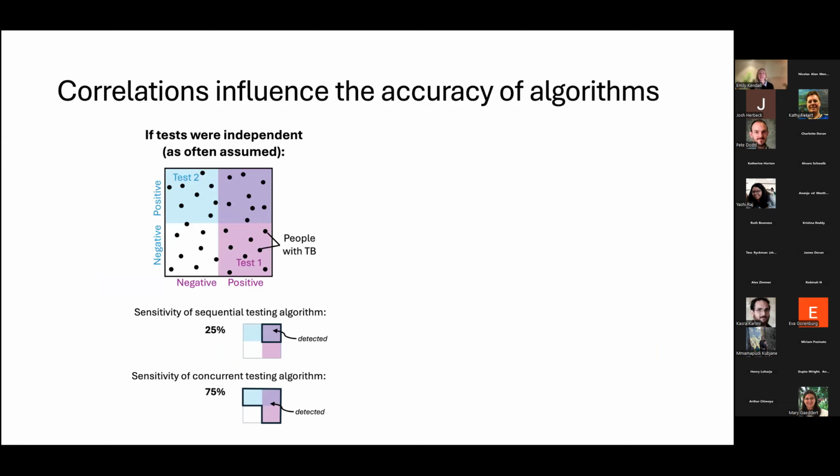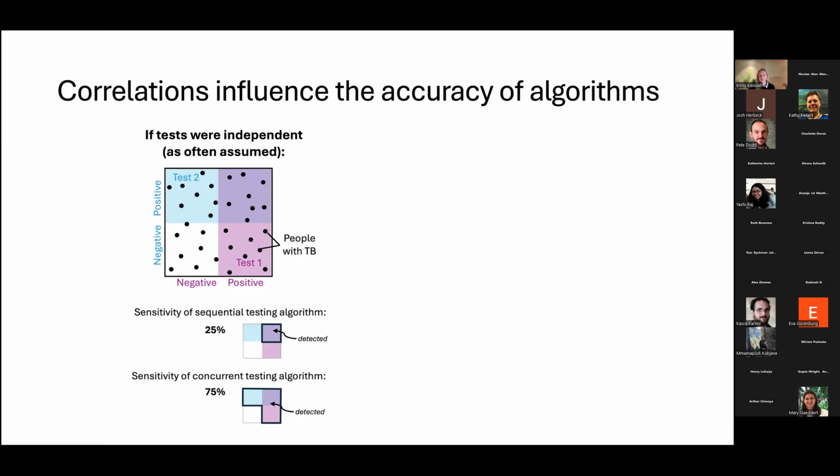And those correlations matter in part because of how they influence the accuracy of algorithms. We often combine different tests into algorithms for diagnosing TB. When we're talking about screening a low prevalence population, then that can be multiple tests applied serially, where the goal is to identify a higher risk subpopulation and then perform an additional test.